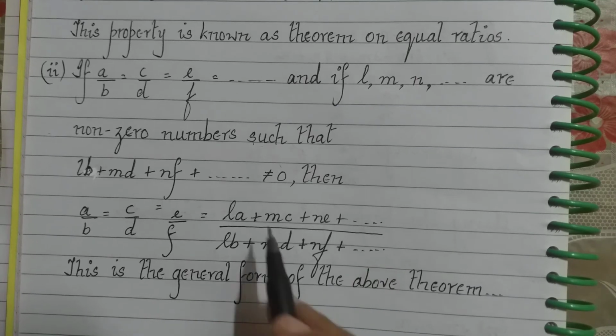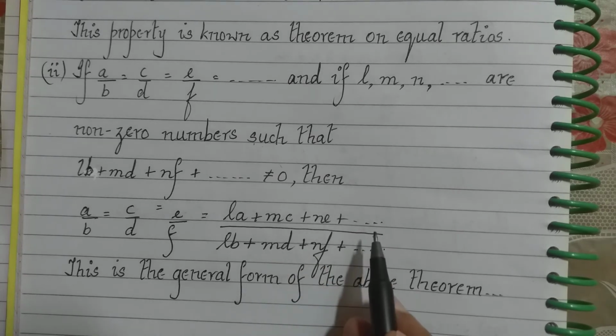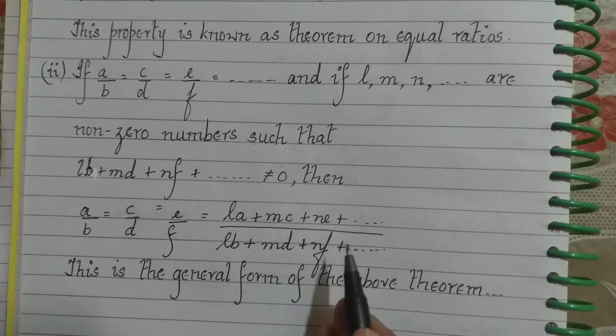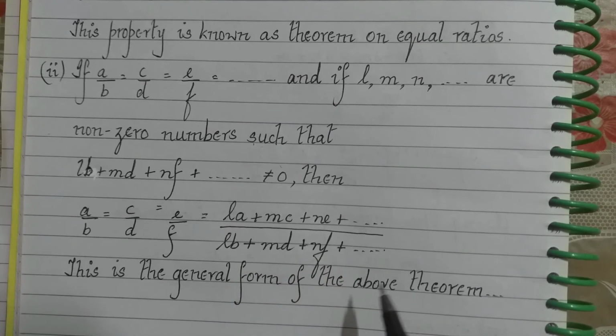So this is the general form of the above theorem. When seeing this, you may get slightly confused. What does this mean? You will be able to understand this while we go through the sums, how we are able to tackle the sums using the theorem on equal ratios.